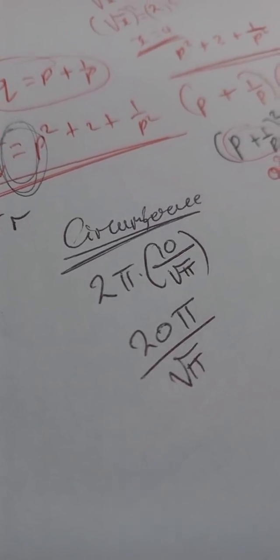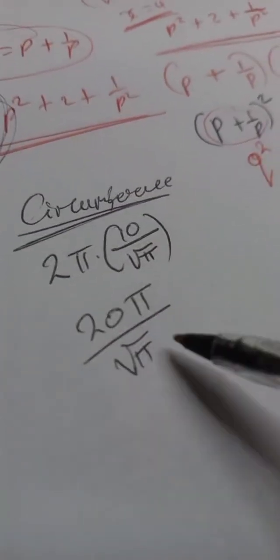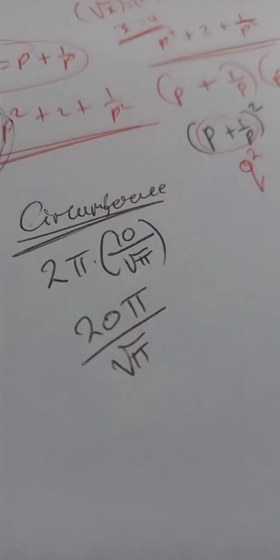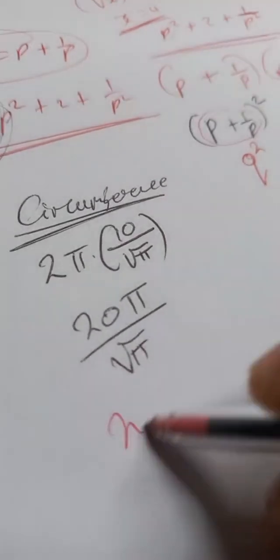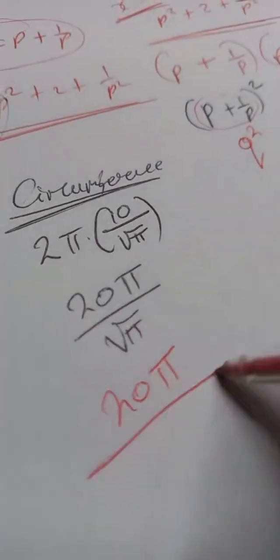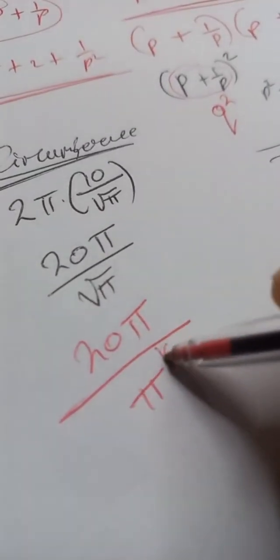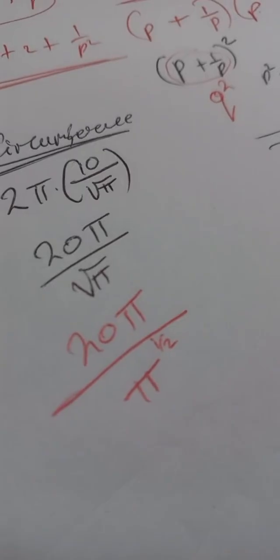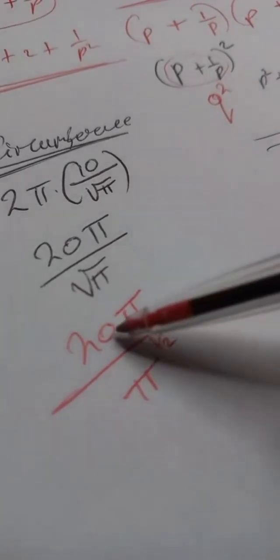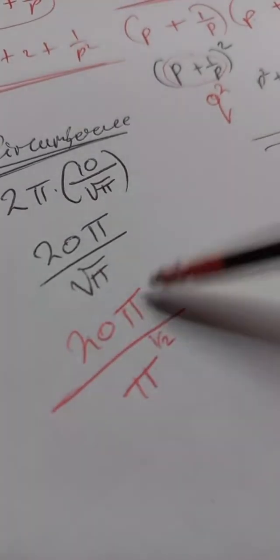From there, let's play around with exponents here. 20 pi over pi to the power half.